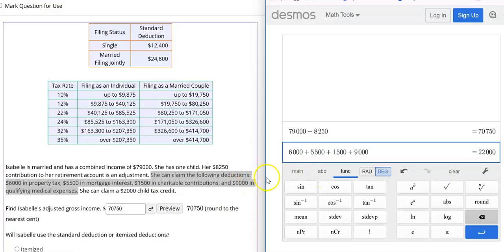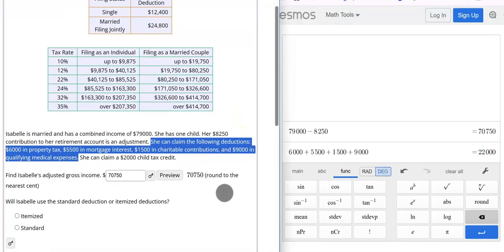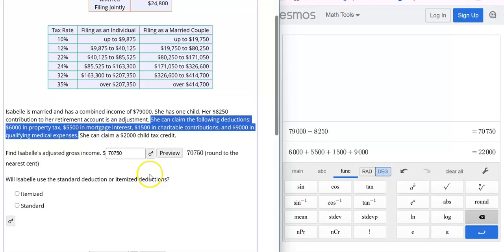Her itemized deduction adds up to $22,000. But look at the standard deduction, which is $24,800. So she's using the standard deduction rather than itemized because standard is higher.